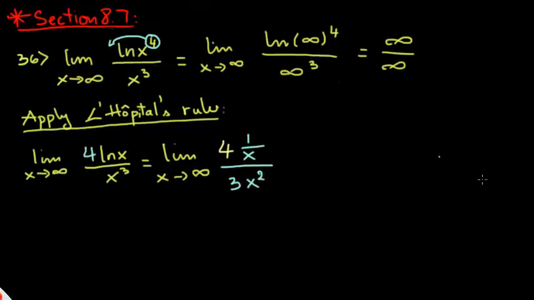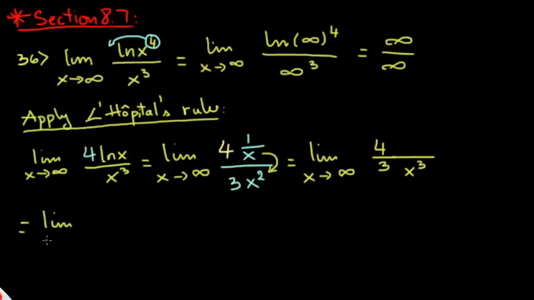So this problem can be rewritten as the limit as x approaches positive infinity of 4/3 times this x can go down as x to the third. Let's rewrite this nicely: the limit as x approaches infinity of 4 over 3x to the third.